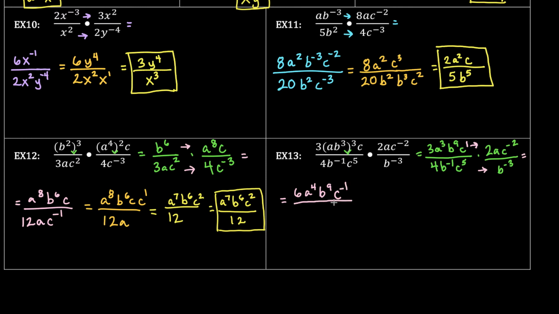All over 4 times 1 is 4. B, negative 1, negative 3 is negative 4. And C, the 5th. Okay, so let's do this. If we divide by 2 here, we get 3. Divide by 2, we get here 2. Remember, at this step, I move everything.